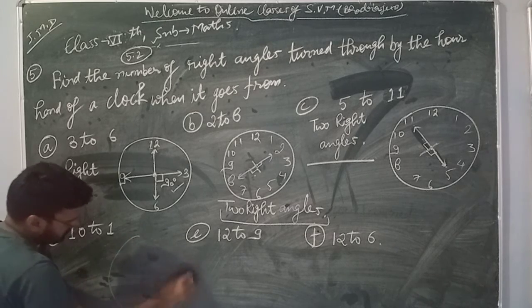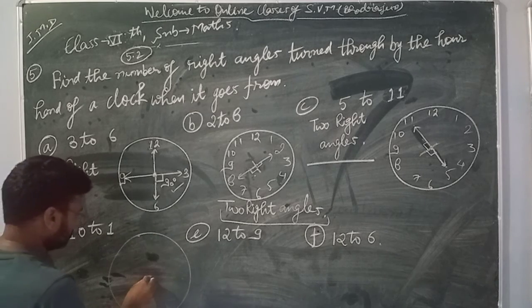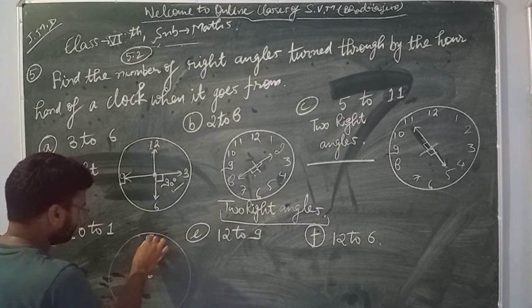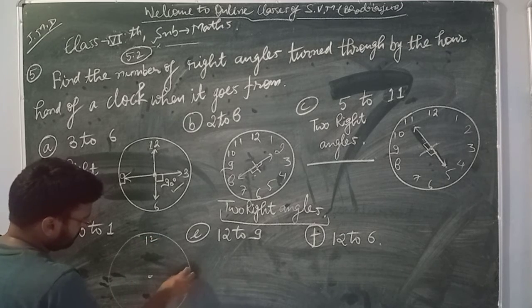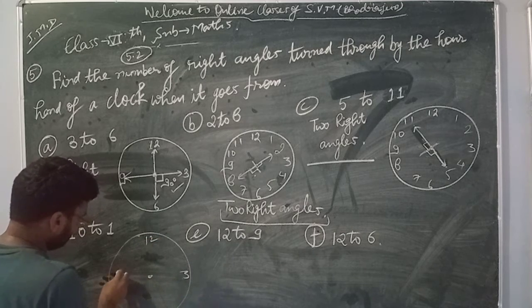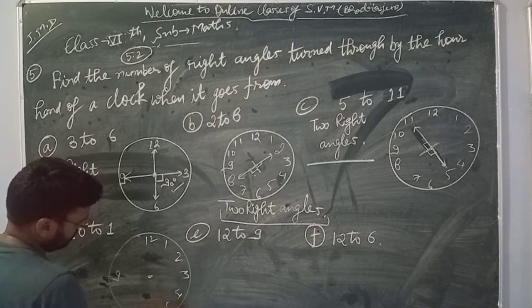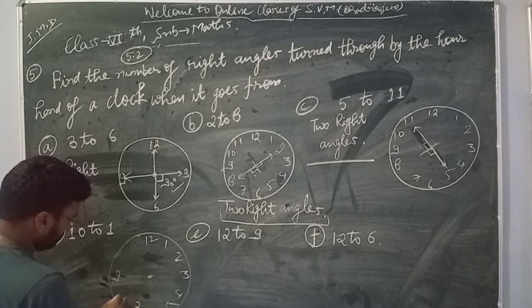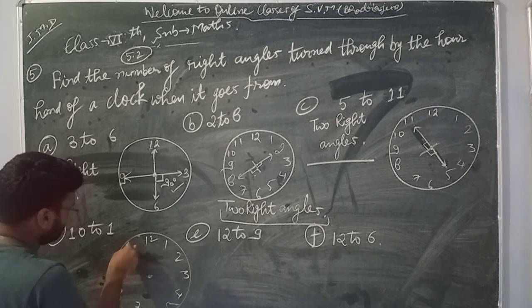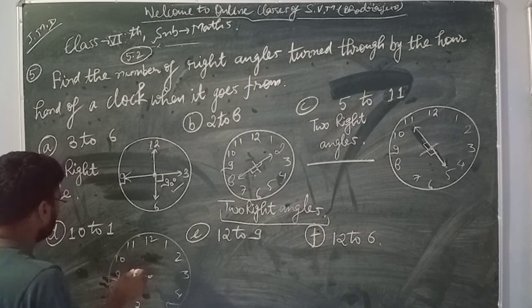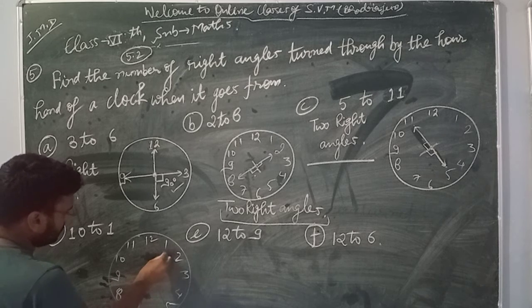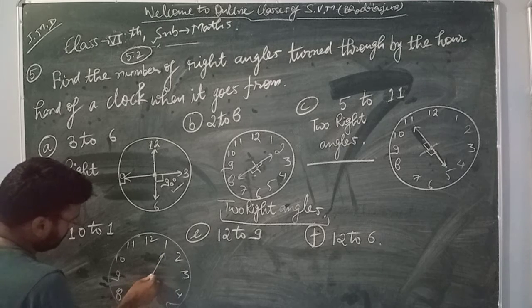Okay, this is our clock, and this is the center. This is 6, this is 3, this is 9. This is 1, this is 2, this is 4, this is 5, this is 7, this is 8, this is 10, and now 11. Okay, from 10 to 1, we have to move.